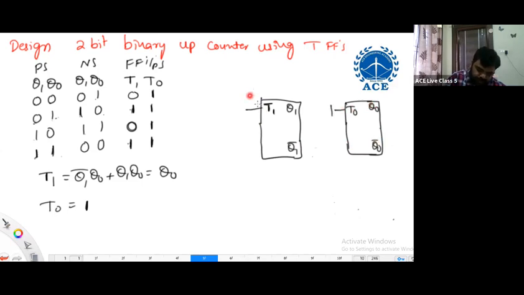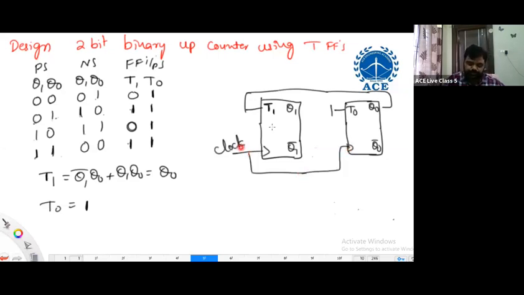T1 is connected to Q0. Then synchronously clock. This is a 2-bit binary up counter using toggle flip-flops.